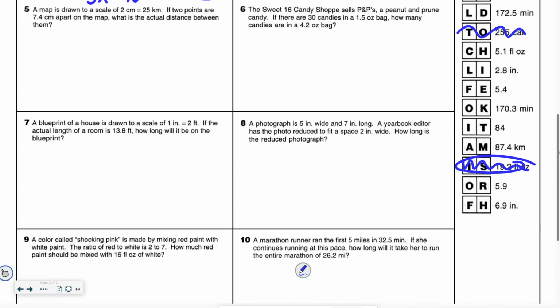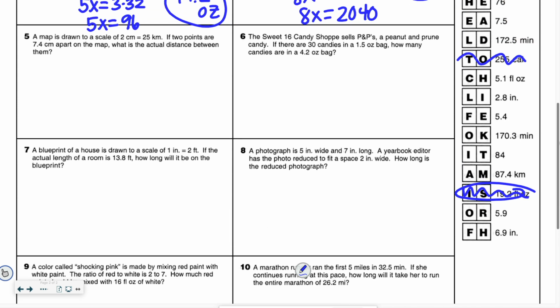Let's look at 5. A map is drawn to the scale of 2 centimeters equals 25 kilometers. If 2 points are 7.4 centimeters apart on the map, what's the actual distance? So the two things we're comparing is centimeters and kilometers. Here's our first ratio, 2/25.